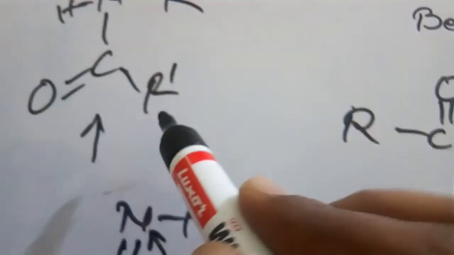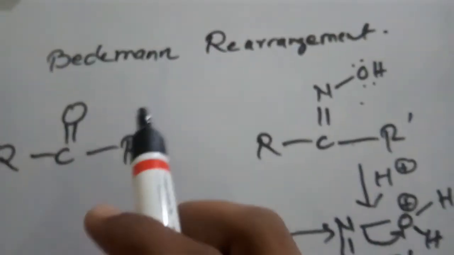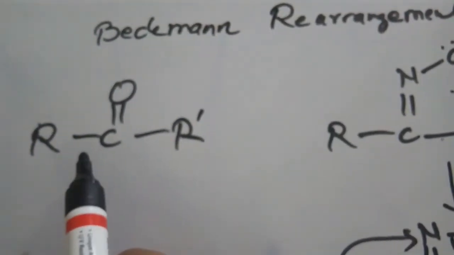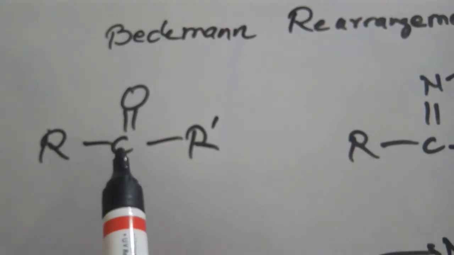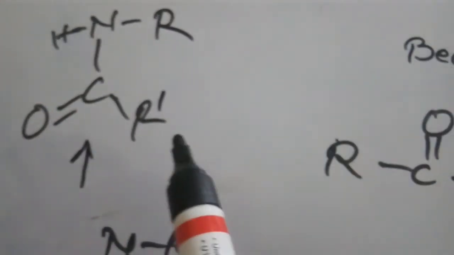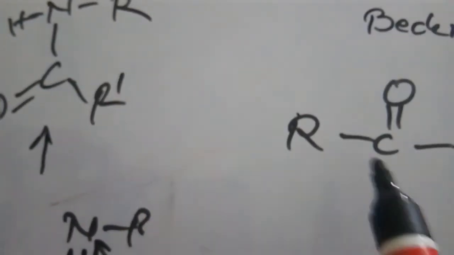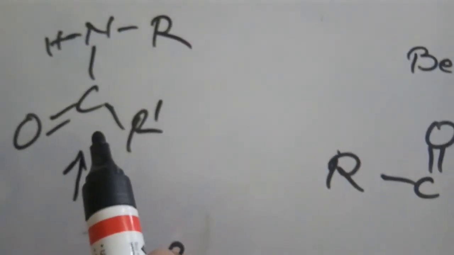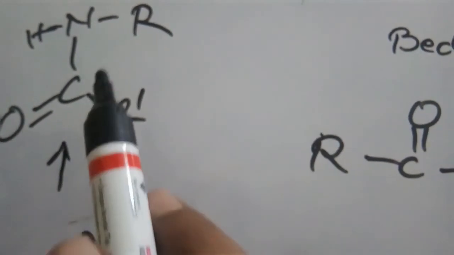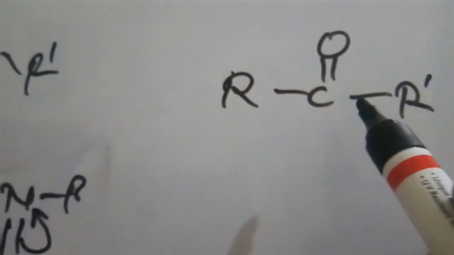This is an amide forming. So in this Beckmann rearrangement, this R C double bond O R dash is converting to this R dash C O NH R, so one nitrogen is coming here, making this amide.